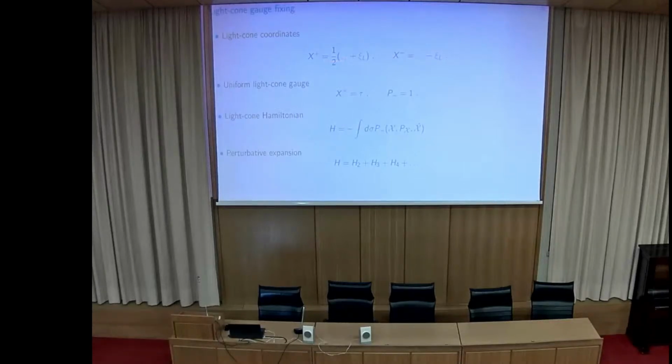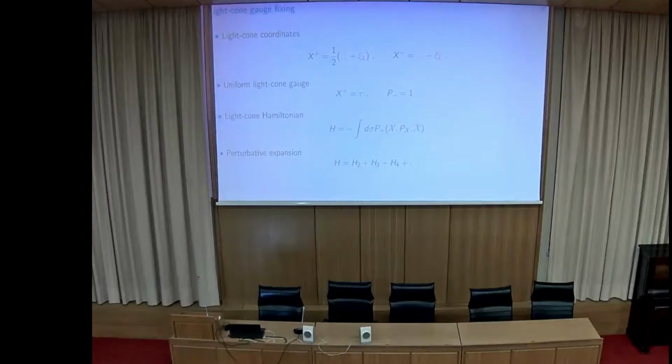So we will define light-cone coordinates that now only depend on the left Cartan elements, xi left and zeta left in AdS3 and xi left in S3, and then fix the so-called uniform light-cone gauge, where x plus is fixed to tau, and the momentum conjugate to the coordinate x minus is taken to be a constant.